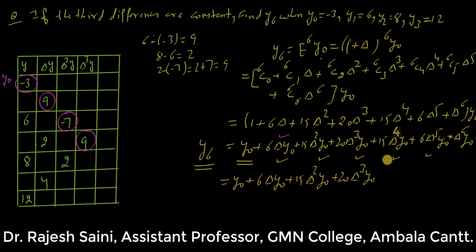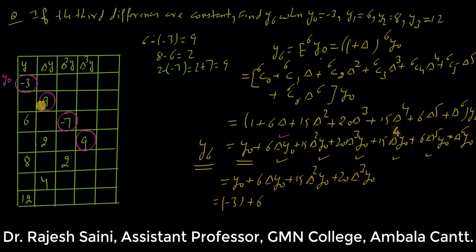Since we don't have higher terms than delta cube y0, you may neglect them. So now substituting the values, what is y0? It will be minus 3.